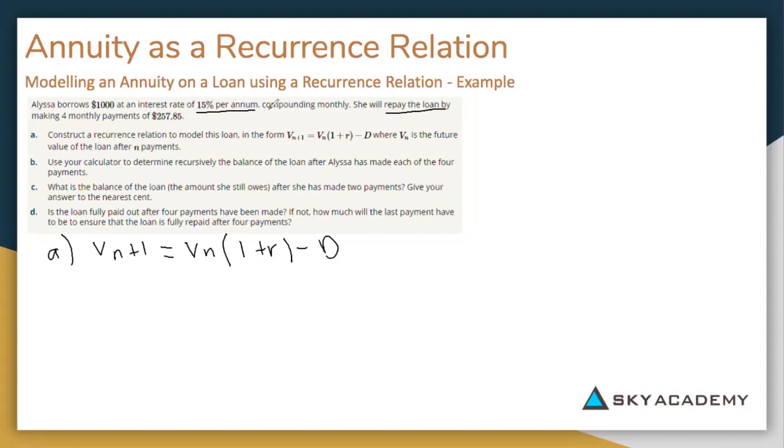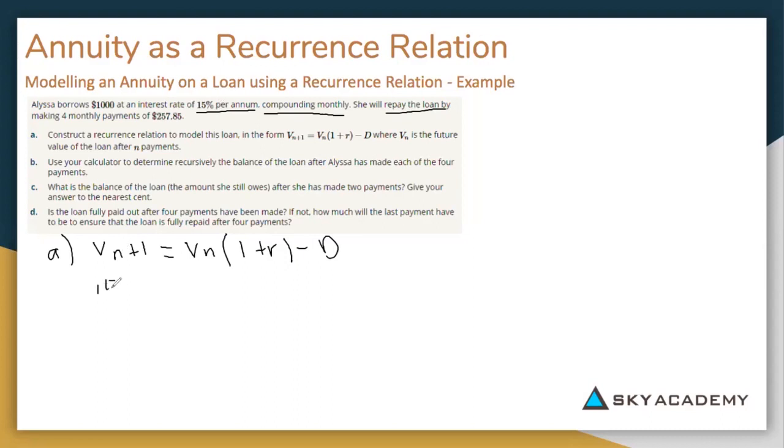But this annuity is compounding monthly, which means she's making monthly repayments. So instead of yearly time periods, these are monthly time periods. This rate is not in the time periods we want. It's in years, but we want months. To get from years to months, we just have to divide 15 by 12.